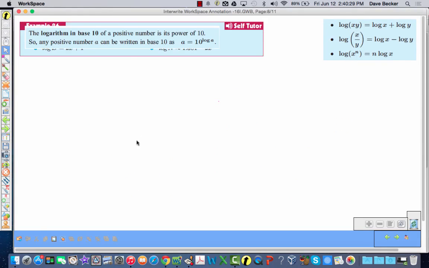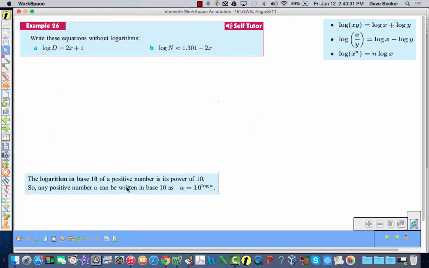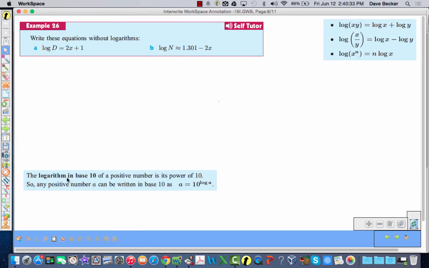Right? So, it says right here, the logarithm in base 10 of a positive number is its power of 10, right? So, log base 10 of d, what that means is that d is equivalent to 10 to the 2x plus 1 because the logarithm in base 10 of a positive number is its power of 10.